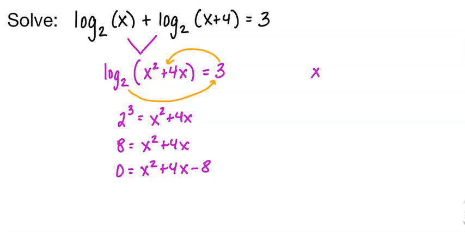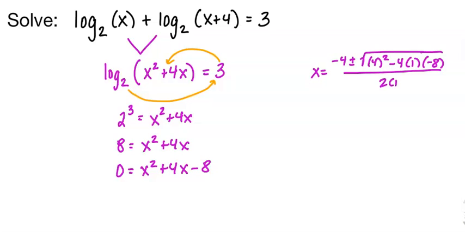So our value of x would be equal to the opposite of b, so -4, plus or minus the square root of b squared, so 4 squared, minus 4 times a, which is 1, times c, which is -8, all divided by 2 times a, which is 2 times 1.